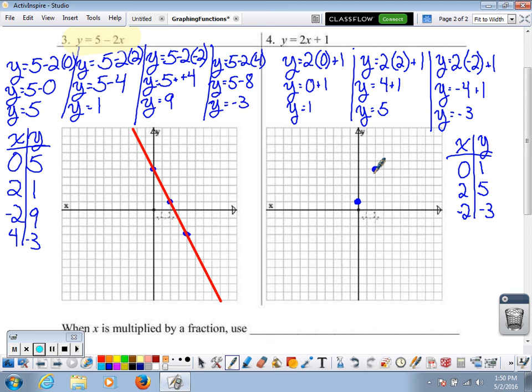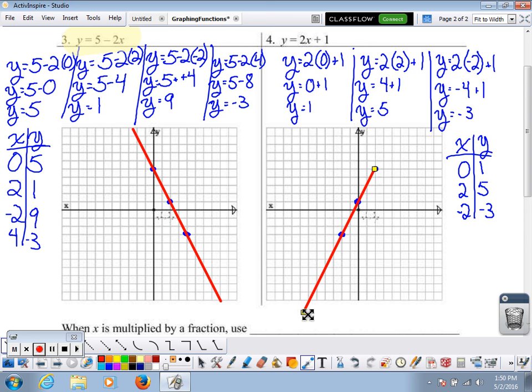And then Sage, what about negative 2, negative 3? Very good. Take a step back and look. Do those points make a nice straight line? Looks pretty good to me. So we'll draw the straightest line we can through all 3 points.